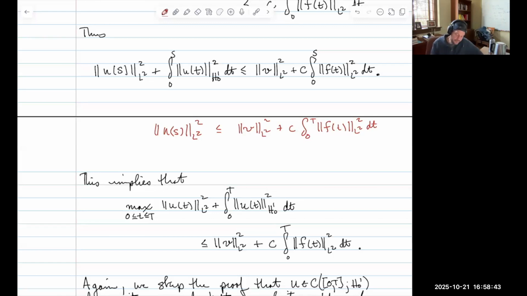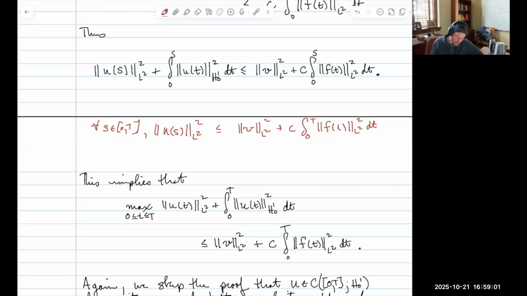Now, it might look like I've just done a trick here. All I've done is push this up to t and drop that term. But this says this is true for every s, for all s in 0 to t. Didn't matter what it was.